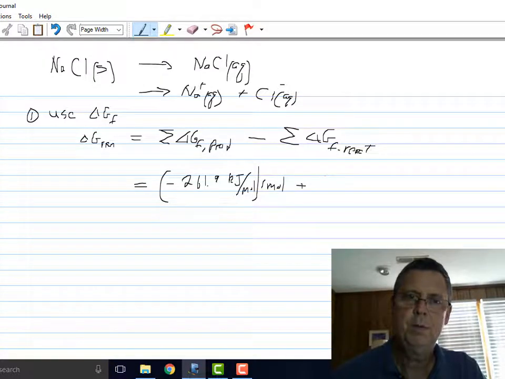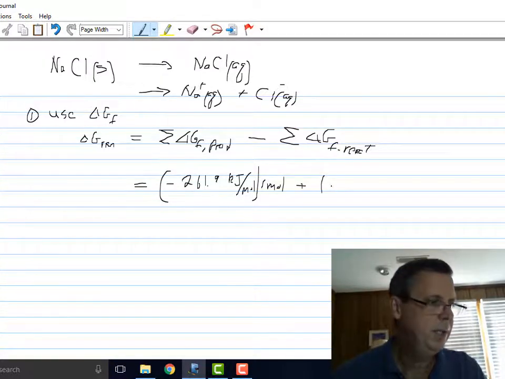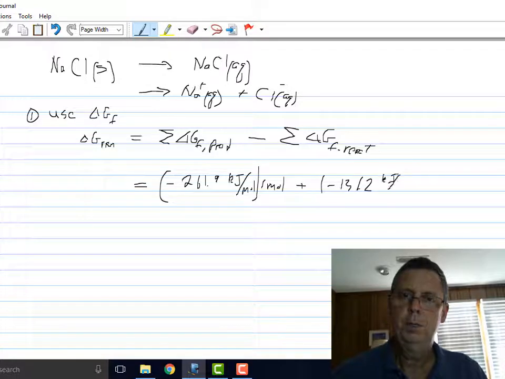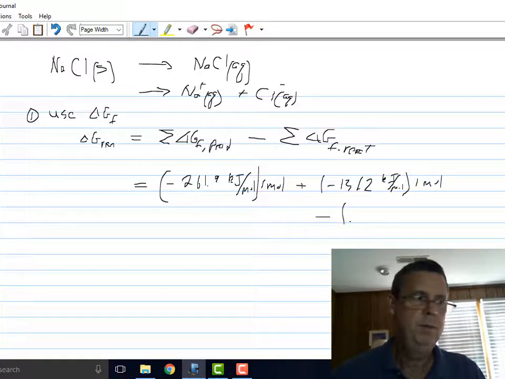plus free energy formation of the chloride ion, and that is negative 131.2 kilojoules per mole times 1 mole, minus free energy formation of the reactant.